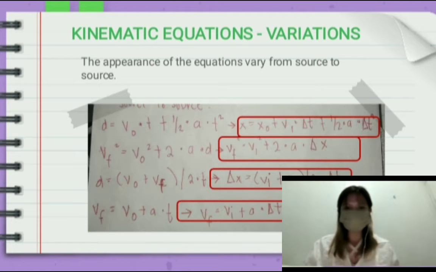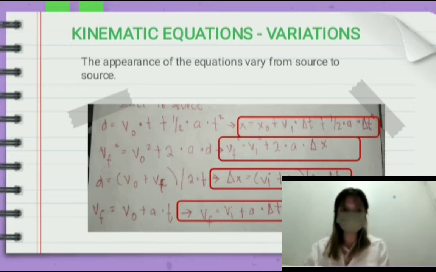And then you might notice that the v original that I have, they might replace with a v subscript i, and they mean the same thing. The i just means initial velocity as opposed to original velocity, just a different way of putting it.